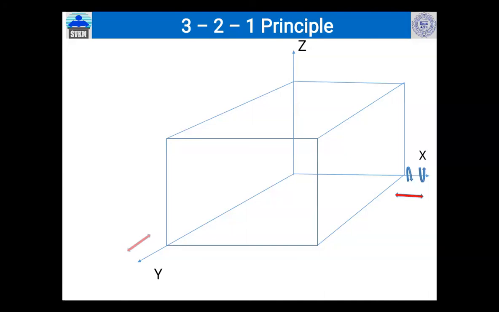Similarly, y forward, y backward, y clockwise, y anti-clockwise, z upward, z downward, z clockwise, z anti-clockwise. So total degree of freedom is 12. So in 12 directions it may rotate or move. So if we want to bring the object to the required position, we have to make some arrangements for that.